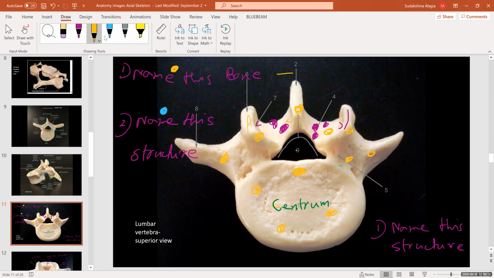And then for the blue, I'm saying name this structure. Along with the yellow dot, I have a blue dot here. So you go to this structure, blue with blue. What would be those answers then?